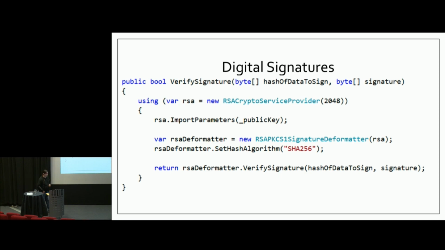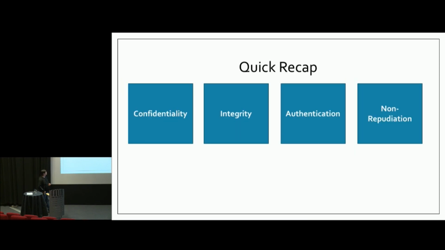Okay, so we've gone very quickly through some of the primitives that we've got in .NET. So if we do a quick recap. We talked about the idea of confidentiality, and to do that we use AES and RSA because they're our encryption protocols or encryption primitives. For integrity, the ability for us to detect whether something's changed over time or not, we looked at various different hashing algorithms, but we've been using mostly SHA-256.